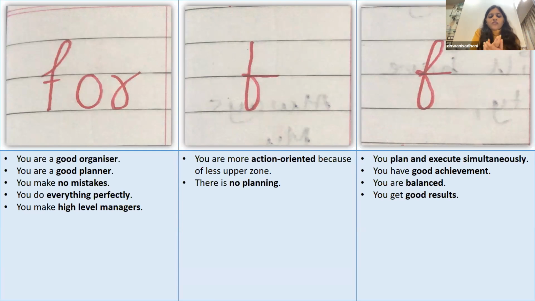They're going to always achieve more than the other people because they plan and execute equally well. So these people are balanced, and thus they always get good results and good success. So that was about letter F. You all are done? Then we'll go to the next slide. I'll give you all a minute to copy this.